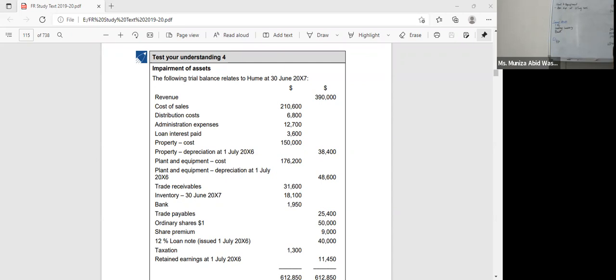Under the head of equity, we take ordinary shares. Ordinary shares are for 50,000. Then we have share premium. Under equity, which things do we take? Equity and all the reserves. The share premium also we take over here, 9,000.